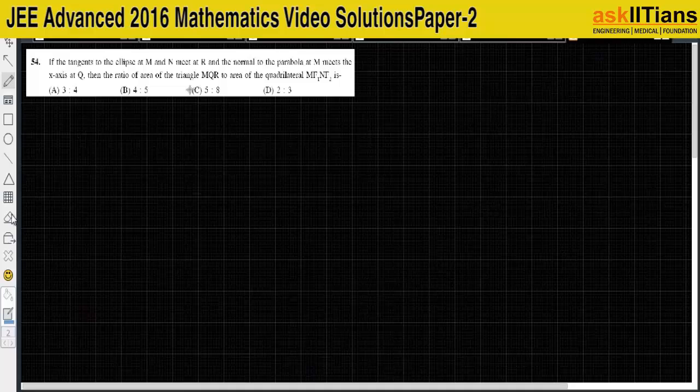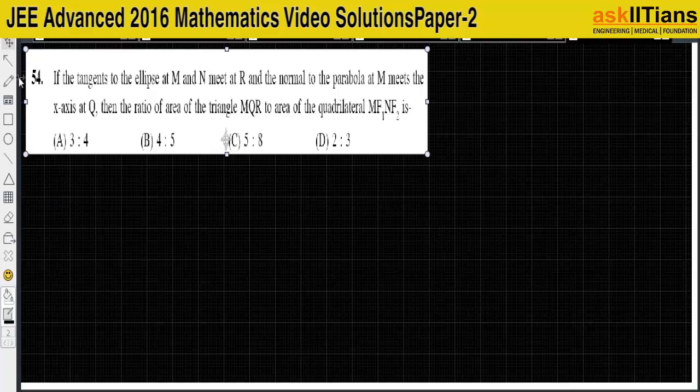Here this question says that if tangents to the ellipse at M and N meet at R, right? So if I draw tangents to the ellipse at M and N, they meet at R. Alright, and the normal to the parabola at M meets the x-axis at Q. Let me draw the diagram again very fast, right?